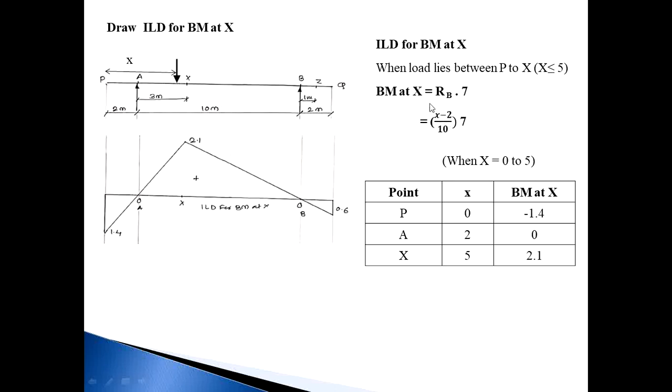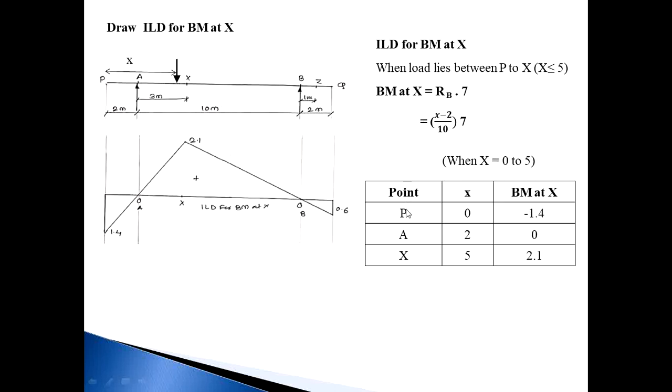Once again I repeat, this equation is only valid when the load lies between P and X. Whenever the load crosses this point X, this equation will give a wrong answer.